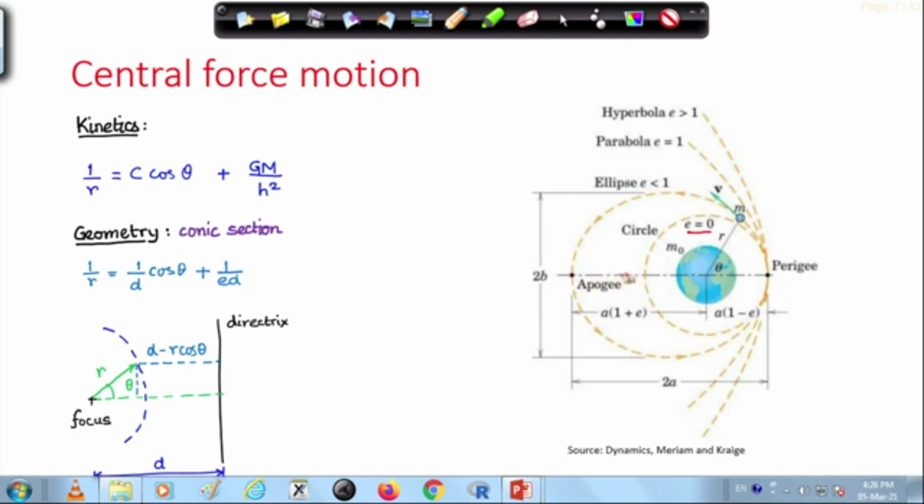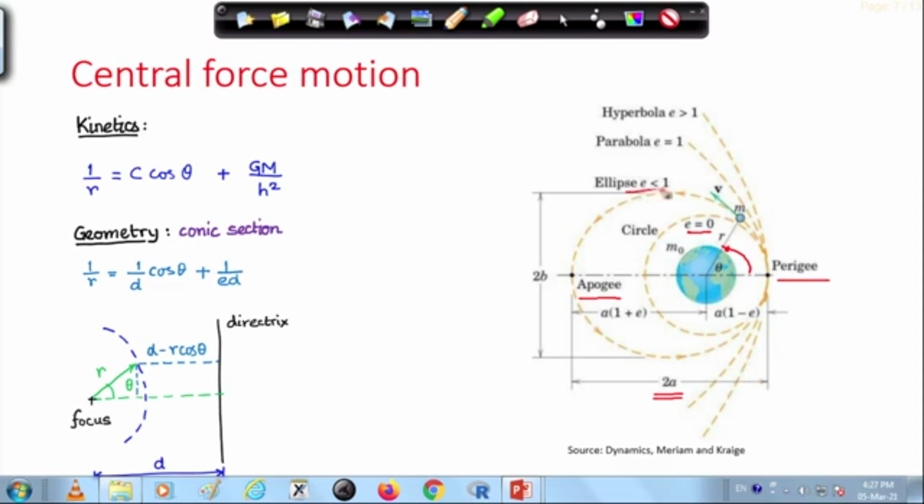When you have E between 0 and 1, greater than 0, less than 1, then you have an elliptic orbit. This is the apogee, this is the perigee. The angle is measured from the datum here, from the perigee, and this is twice the semi major axis.